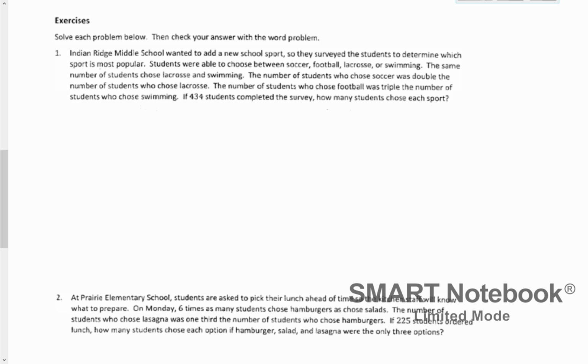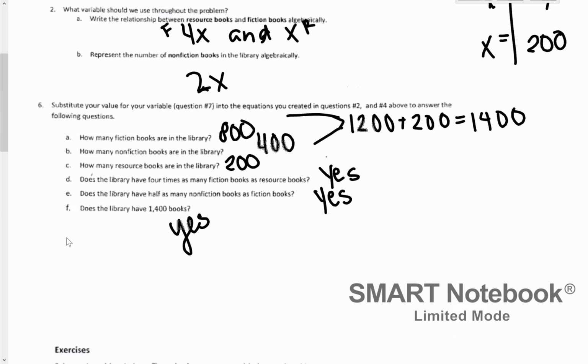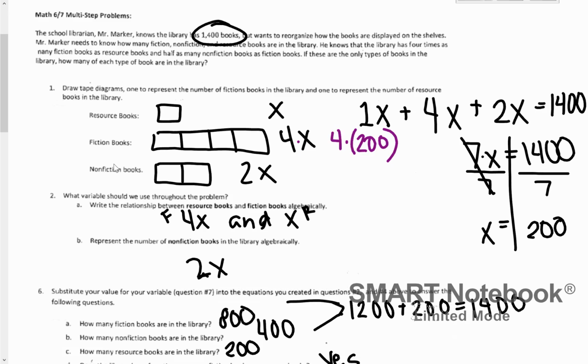So we've got soccer, football, and I'm just going to kind of abbreviate that, lacrosse, and swimming. So we're going to kind of lay it out how that last problem was laid out with all of those different things listed out.